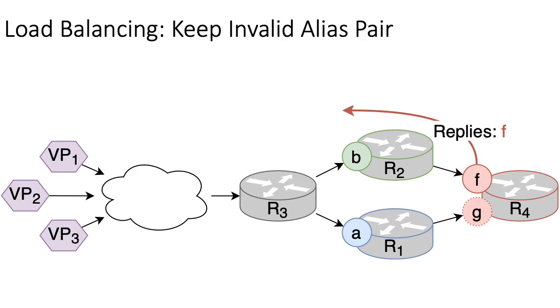Here, A and B share the common successor F, but only because F was an off-path response. A and B are also on a load-balanced path between the router R3 and the router R4. So when I ping them, the replies always go through R3, creating the impression that A and B belong to the same router. And as I mentioned before, keeping invalid alias pairs is much worse than excluding a valid alias pair.